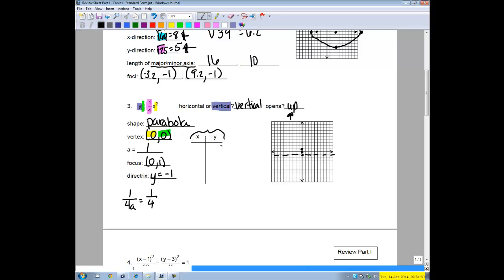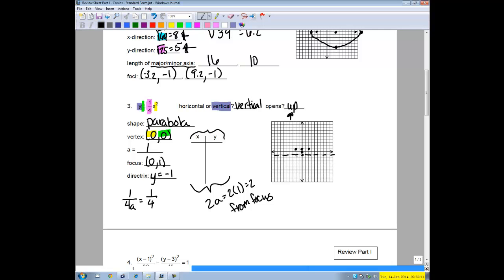The last thing we have to do is plot 2 points. And the way that you're going to get them is by multiplying your a times 2. So for this part, we go 2 times a, which in our case is 2 times 1, which is just 2. And we're going to move 2 from our focus, so 2 to the right and 2 to the left.